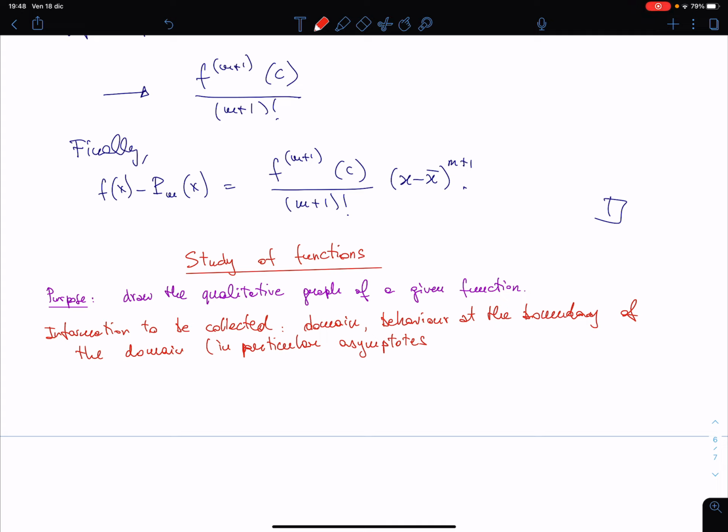And so the intervals of monotonicity. So the intervals of the domain in which the function is monotonically increasing or decreasing. So these are the intervals of monotonicity.